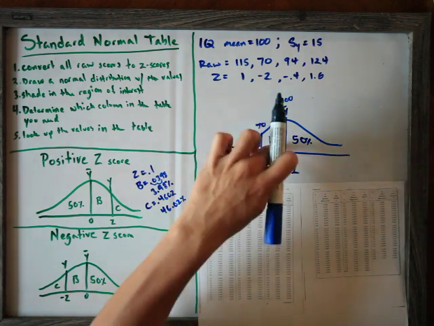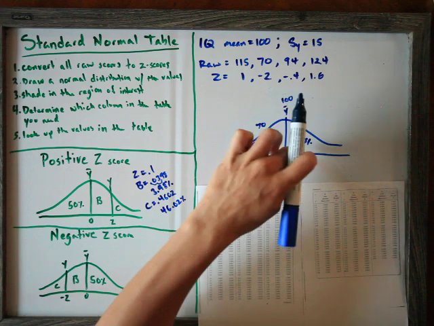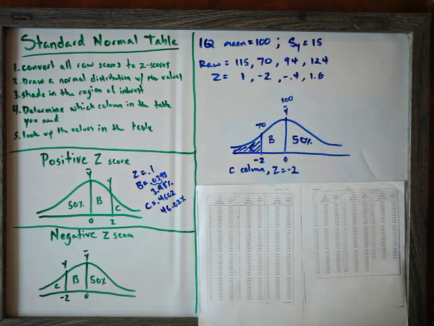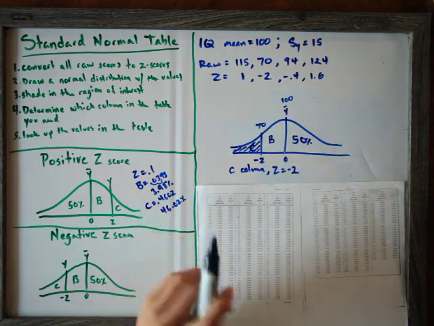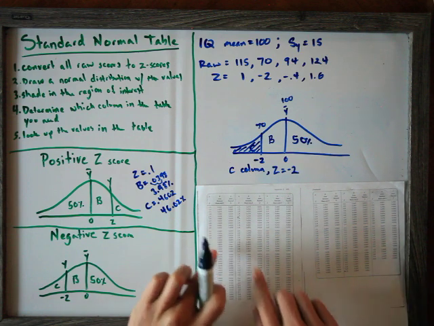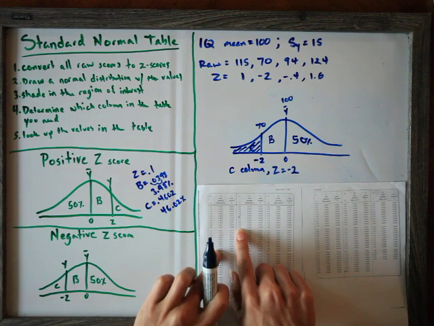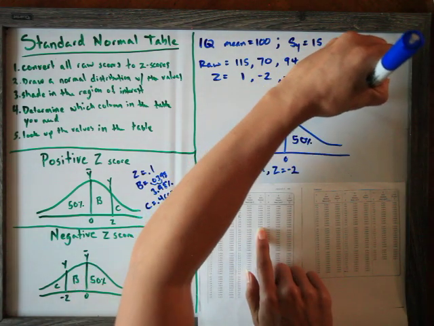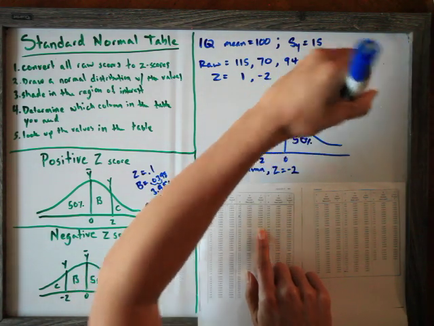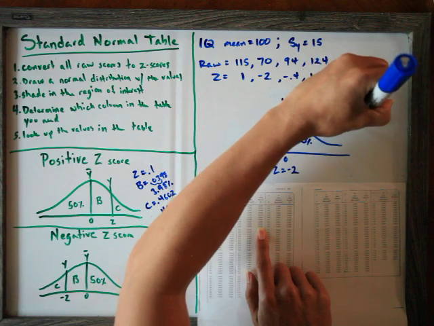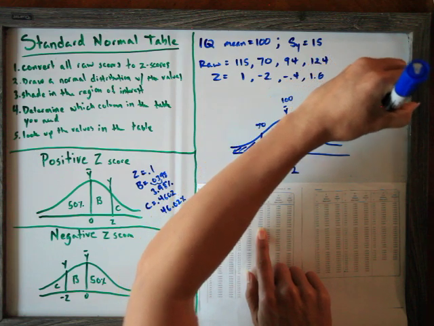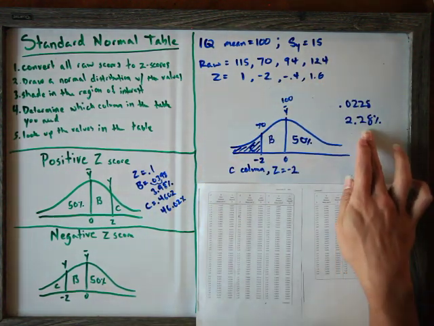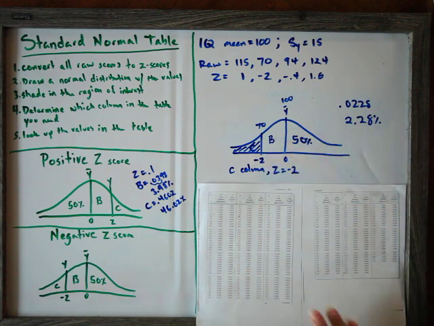It's just that B is here and C is here instead of B being here and C being here. That's the only difference. So we're going to look for our z-score of 2. Here it is, z of 2, column C. That gives us a proportion of 0.0228, which we're going to convert to a percentage, which tells us that 2.28% of all scores are going to be lower than 70.